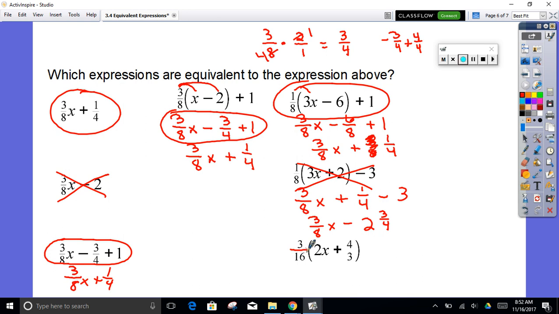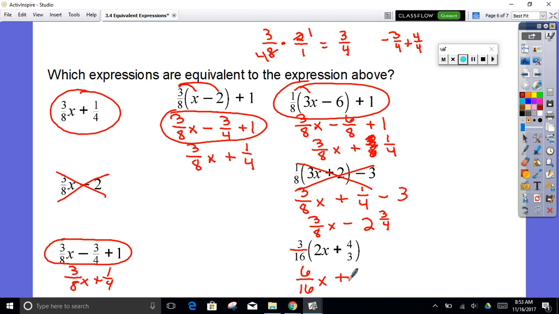This one's missing its fraction bar. Devin, try this one. 3/16 times 2x is 6/16, and I don't know how to do it.